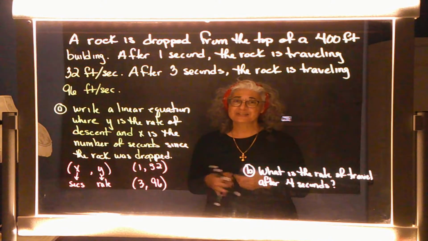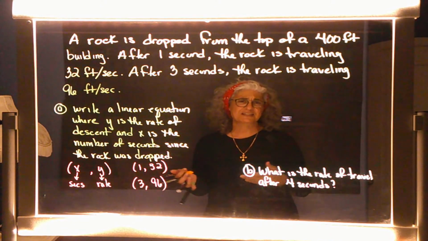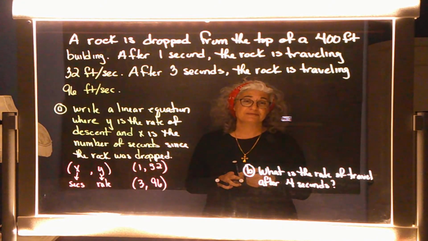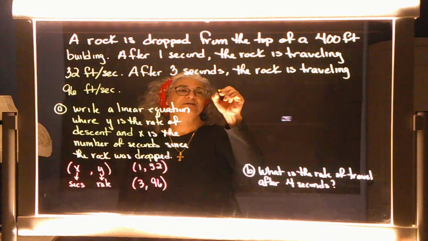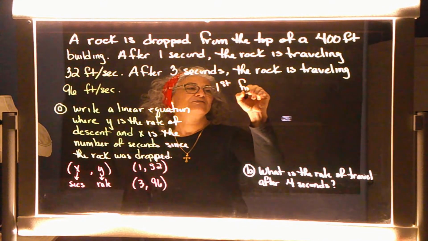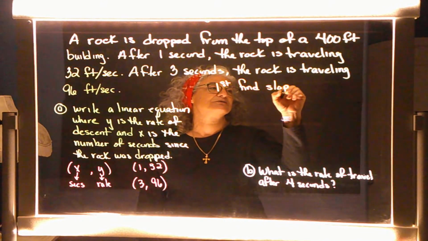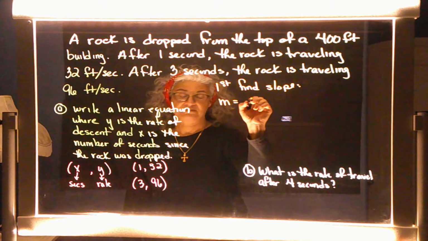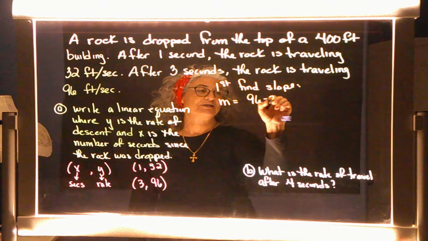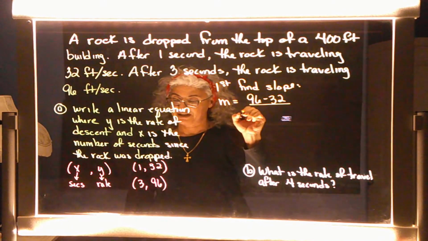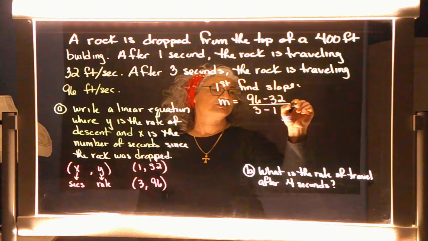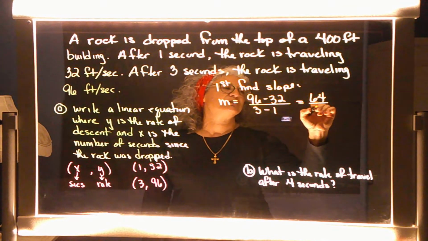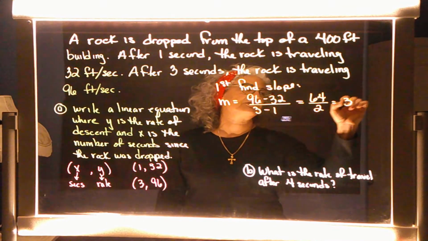I sure am. This looks like problems 5 and 6 I think we did. All right, so first things first, what do you need? You need the slope. So first, find slope. Okay, so m equals, I'm going to do 96 minus 32, divided by 3 minus 1. So that looks like, good, 64 over 2, which is 32.